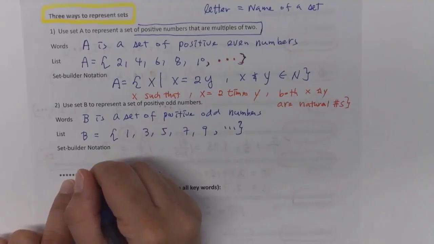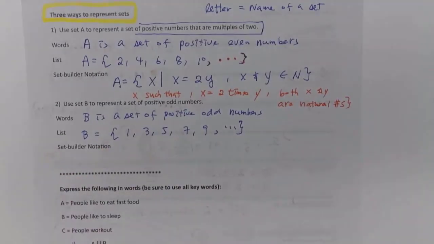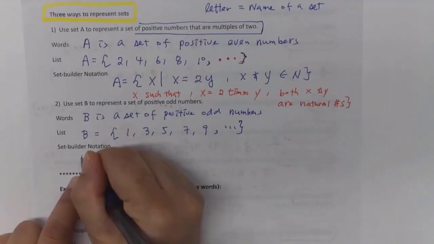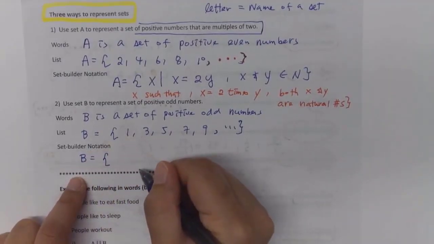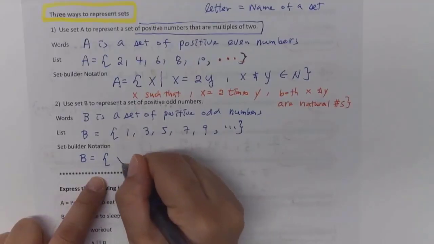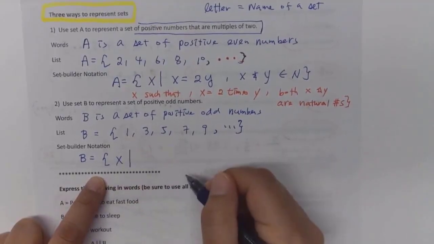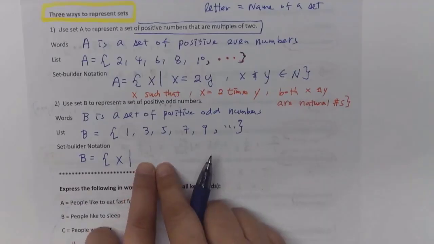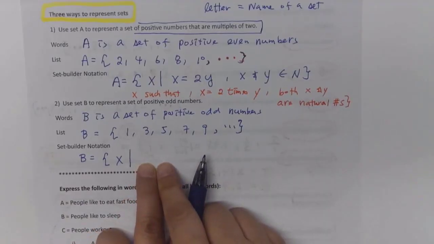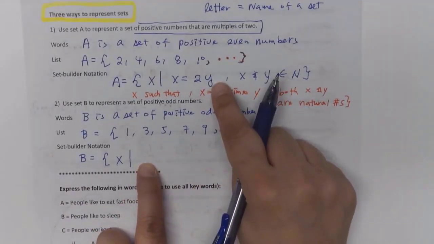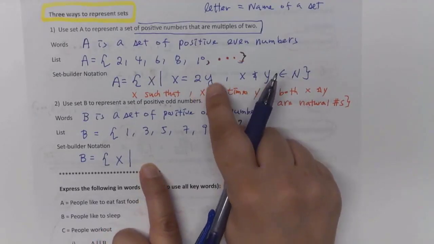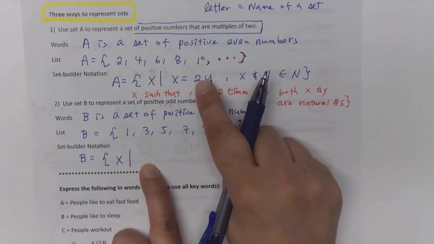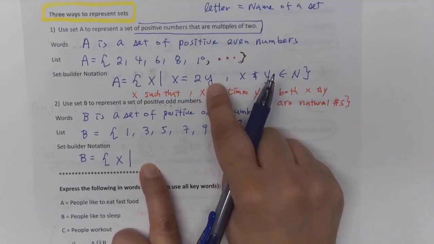We should start a builder notation with what? B equal to squiggly brackets, x, a bar. Okay, this is the hard part. If we started with this and try to modify it, can we do it? So this one is 2 times 1 is 2, 2 times 2 is 4, 2 times 3 is 6, like that.